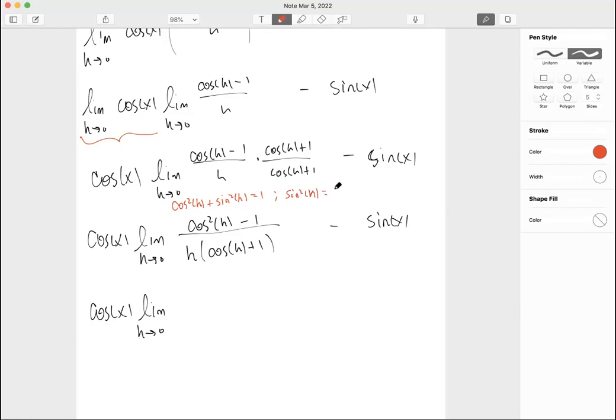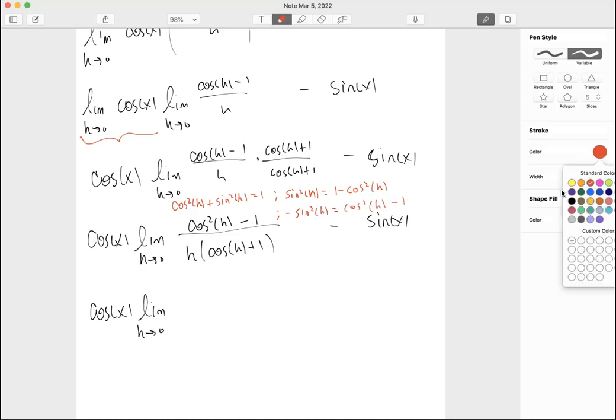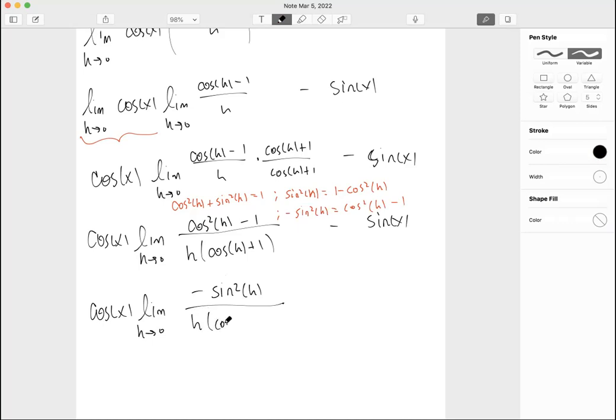So if you multiply by negative 1, you get negative sine squared, which is equal to cosine squared minus 1. So this is negative sine squared of h over h times cosine of h plus 1.